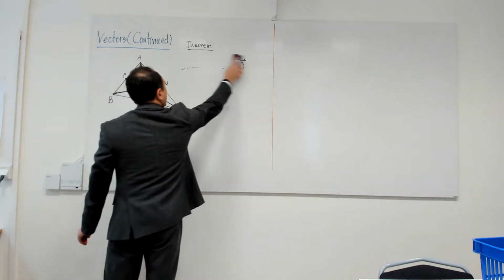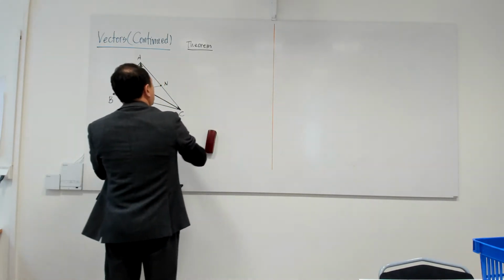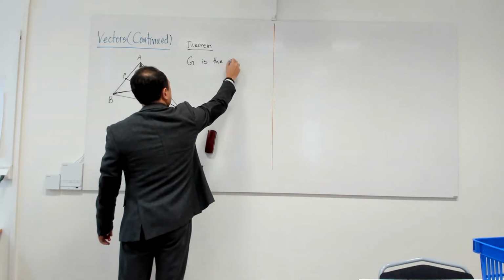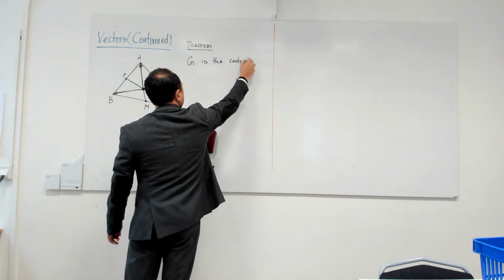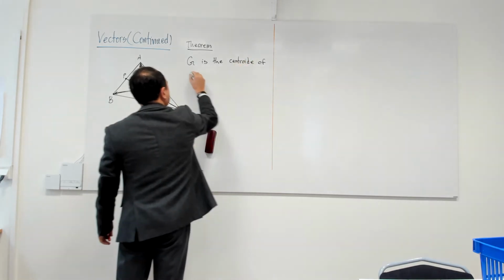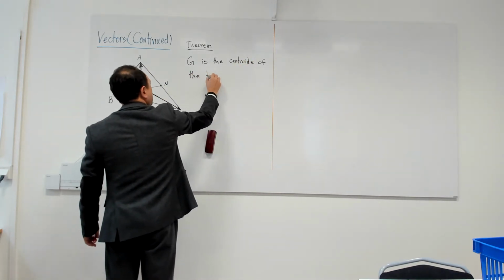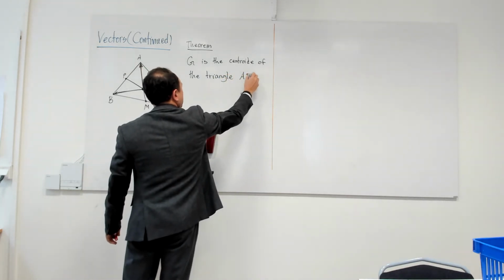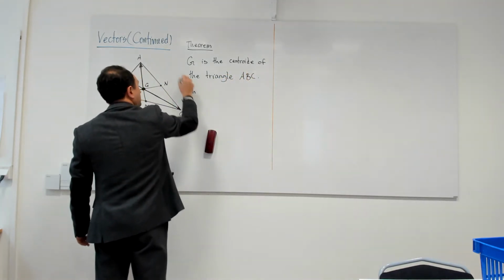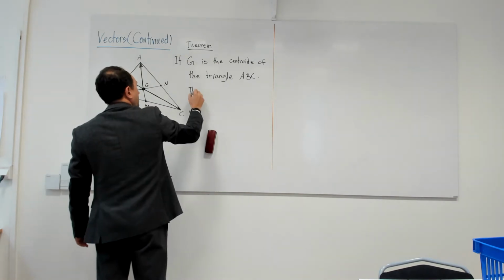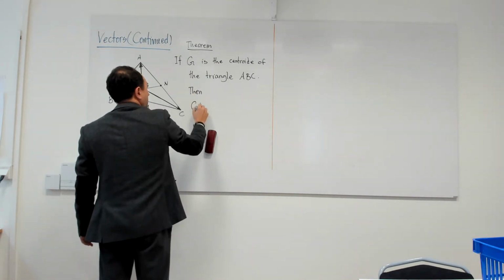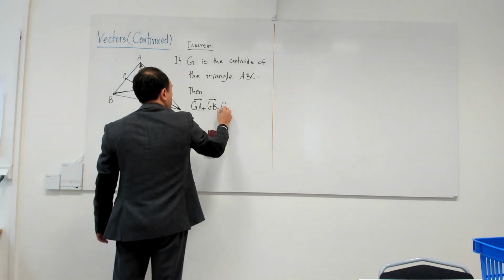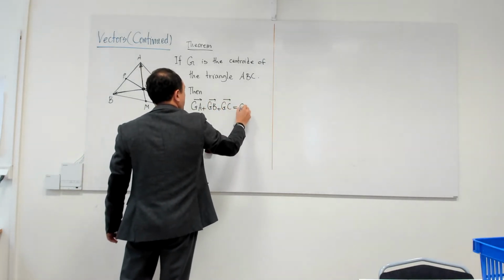So let me write it properly. So G is the centroid of the triangle ABC, then GA plus GB plus GC is equal to the zero vector.